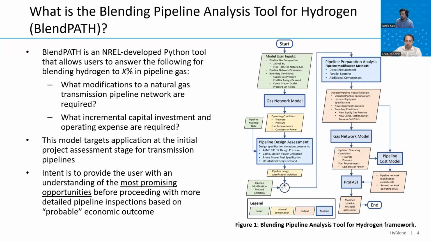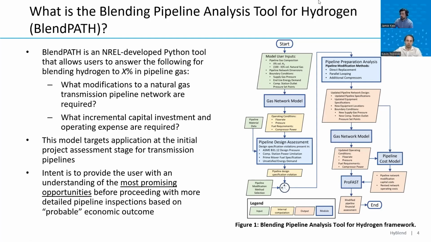So BlendPATH is an NREL-developed pipeline tool that is specifically developed to allow users to answer 2 key questions for blending hydrogen into their natural gas transmission pipeline networks, up to X% hydrogen in pipeline gas.